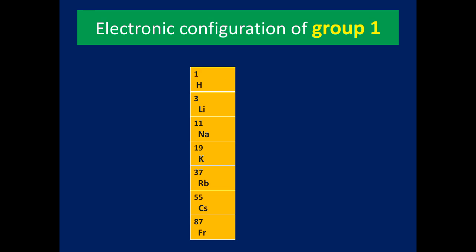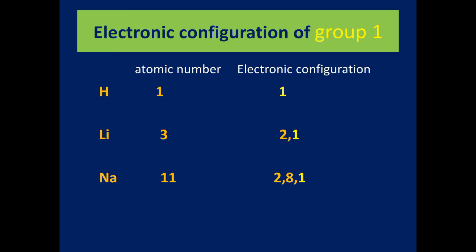When we see the electronic configuration of group 1, here you can see the elements hydrogen, lithium, sodium, potassium, rubidium, cesium and francium, and their atomic numbers also.